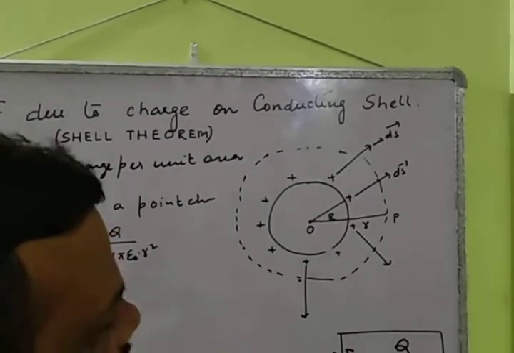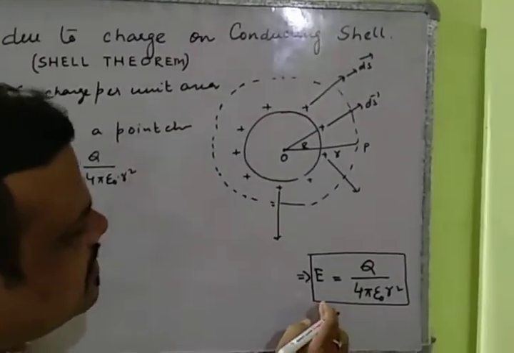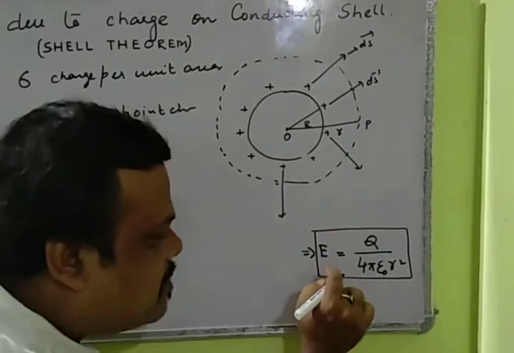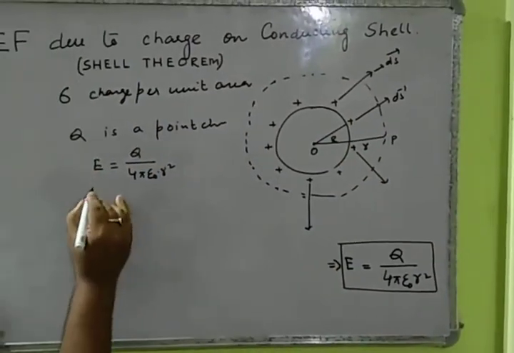But here also the electric field is Q by 4 pi epsilon naught r square. This is the electric field experienced at point P outside the shell, but the other is due to a point charge.